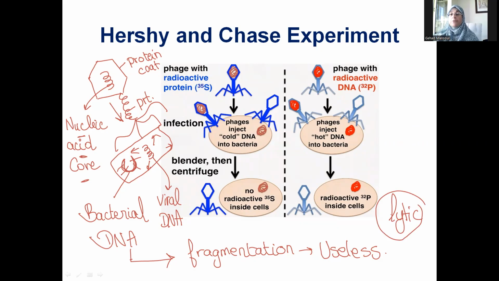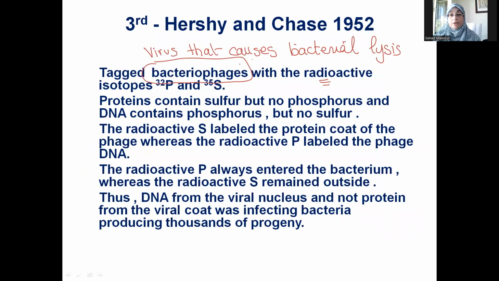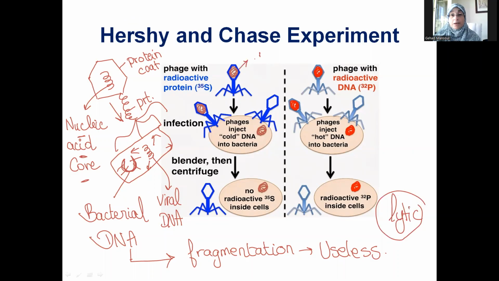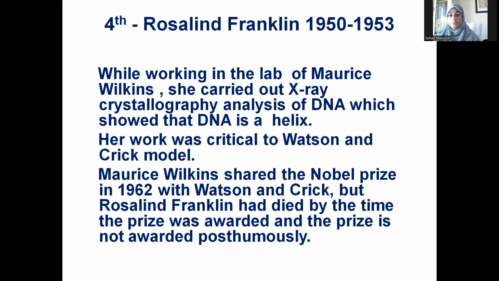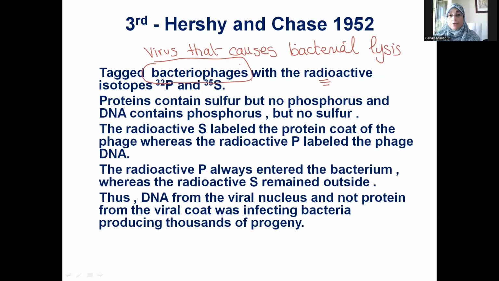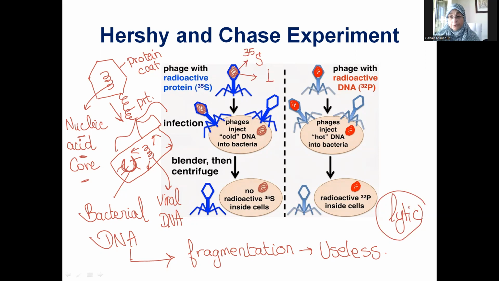But what happened is that the scientists labeled the protein with radioactive sulfur, which is sulfur 35, and labeled the DNA with radioactive phosphorus, which is phosphorus 32. Why?